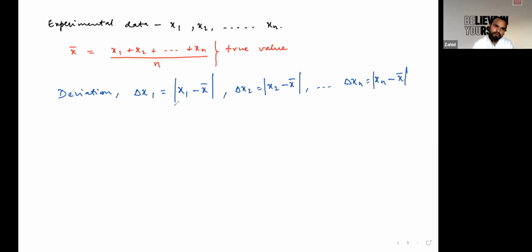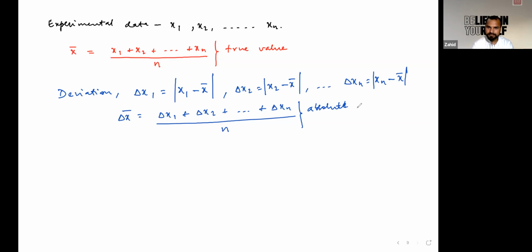Now, if you take the mean of all these individual data, delta x bar, it will be delta x1 plus delta x2 and so on to delta xn divided by n. This term is called as absolute mean error or simply error.